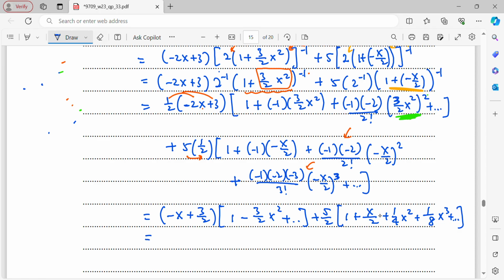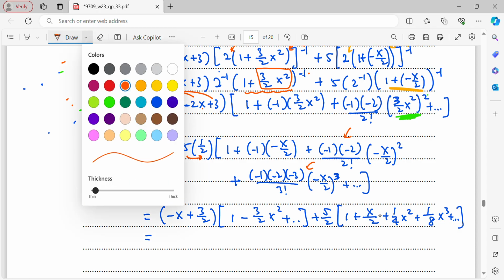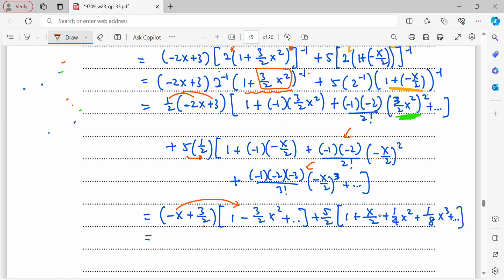Okay, then from here, again, the minus x multiplies with the whole bracket, followed by 3 over 2 multiplied by the whole bracket. So I will be getting negative x times this, so it will be plus 3 over 2 x degree 4, x degree 3. Then the 3 over 2 times 1 is 3 over 2. 3 over 2 times minus 3 over 2 x squared will be minus 9 over 4 x squared.